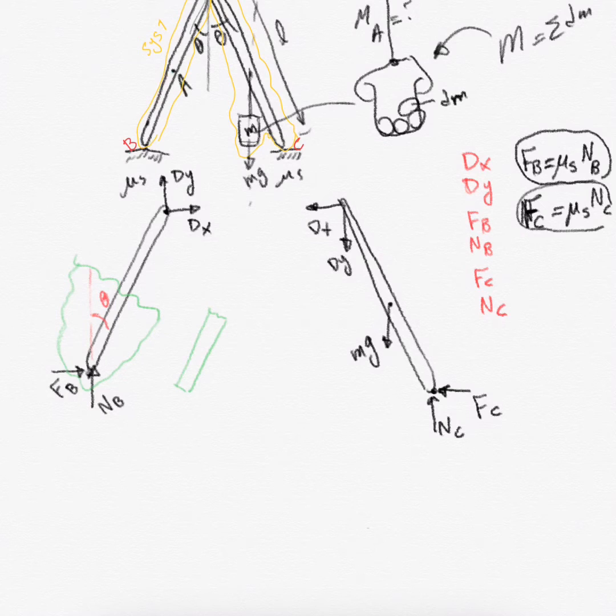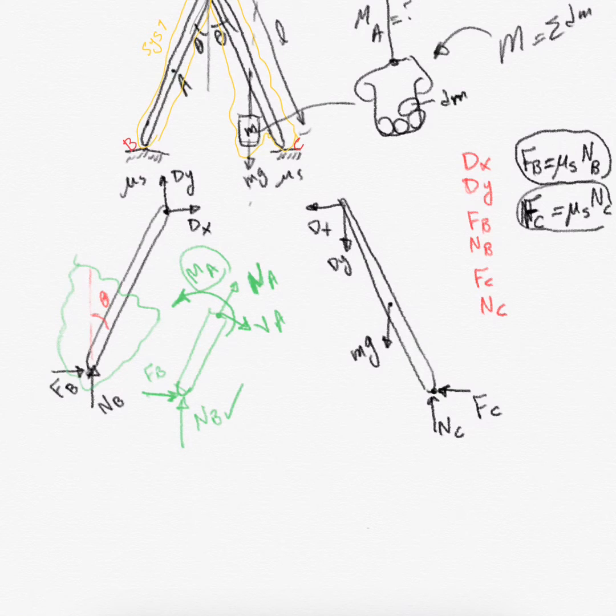So let's say I've already found my FB and NB, right? Then I can just consider this system. So here at point A, you have the normal force at point A, the shear load at A, and the thing that we're trying to find, the bending moment at point A. That's the objective of the problem.